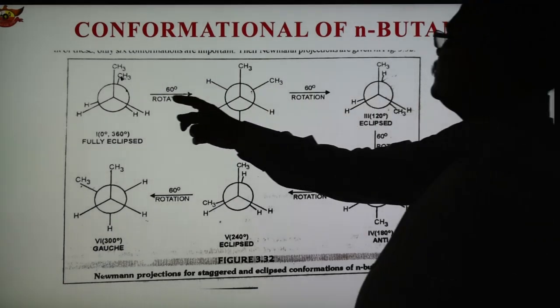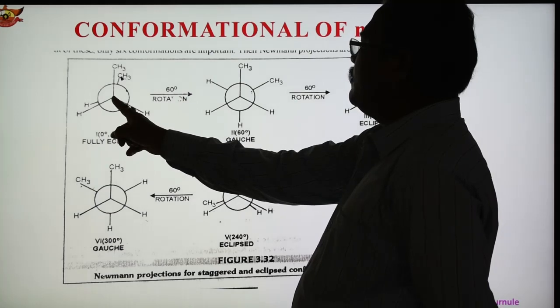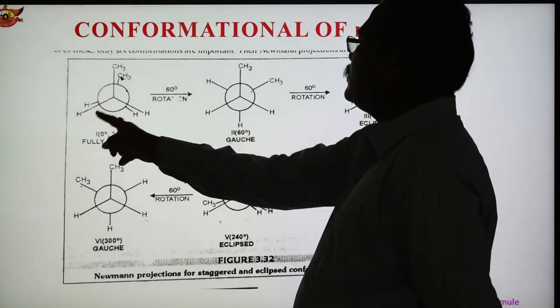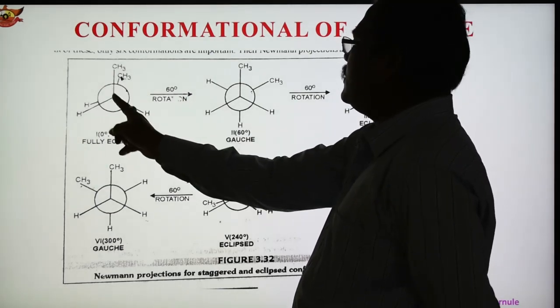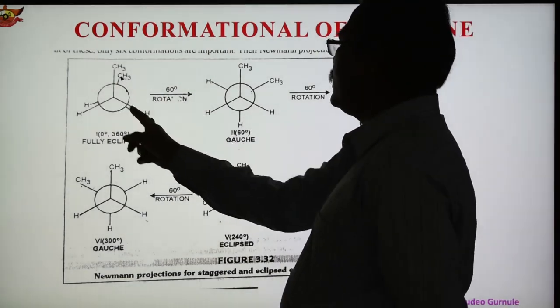In this case, see now, this is the front carbon, with CH3 and H, and this circle is the back carbon, and the back carbon has CH3 and 2 hydrogens.